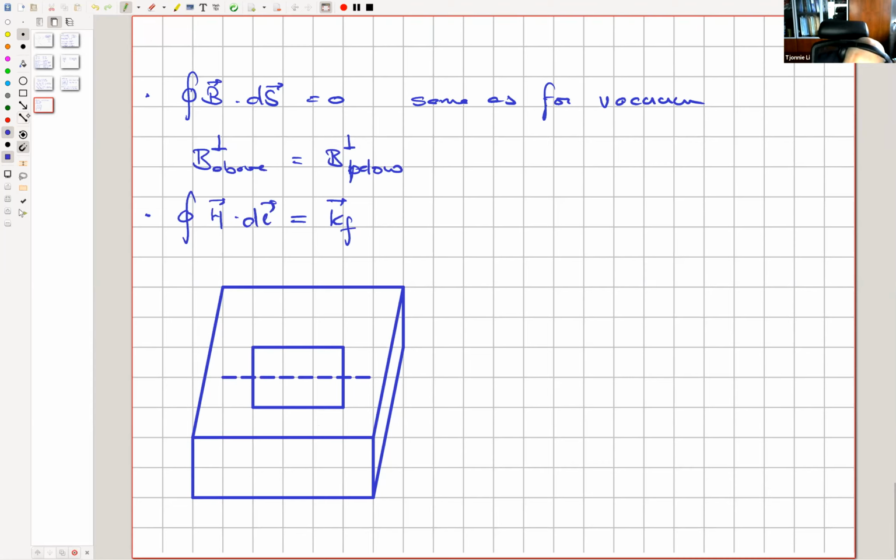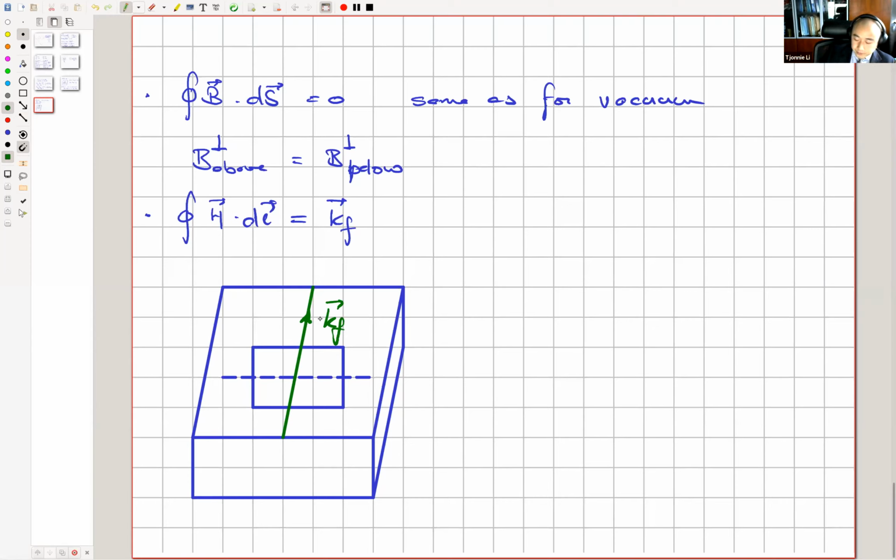I could take H around the loop, and in this case the current is going through it like this. That's the free current that goes through.